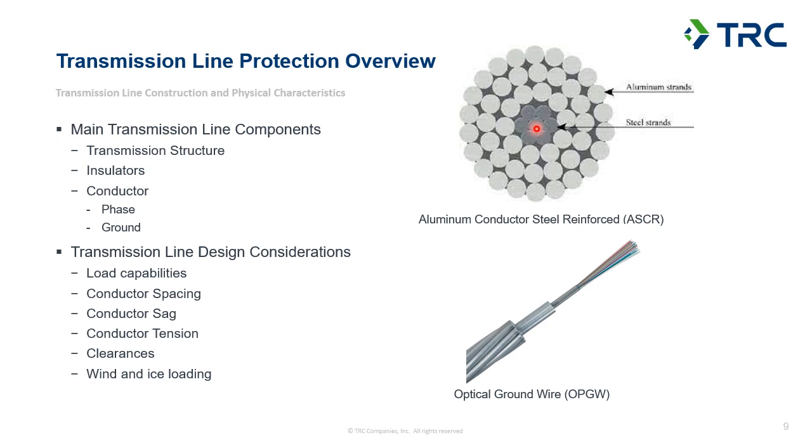On the bottom picture here, we have another type of conductor that's commonly applied. We see this used a lot, and that's an optical ground wire. So the optical ground wire is used as a ground conductor for the transmission line, and similarly, it has conductors wrapped around the outside to be the current carrying path.